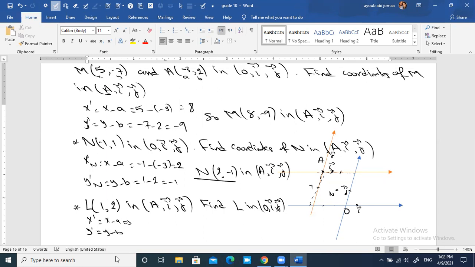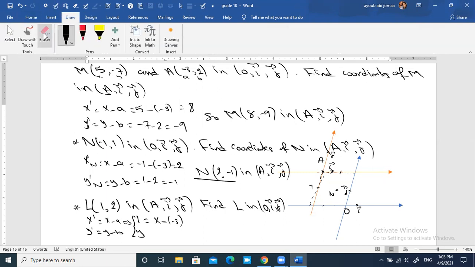minus B. Then you will get X prime, which is 1, equal to X minus A, which is negative 3. And Y prime, which is 2, is equal to Y minus B, which is also 2.